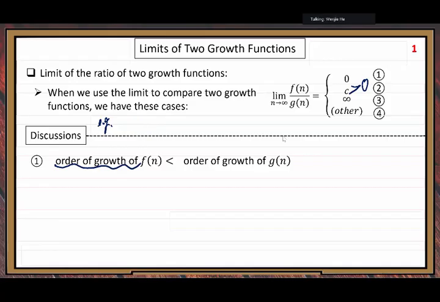Our variable is n, n to the k, k some constant. Then its order of growth is this k. That's simple. The order of growth is k, right?